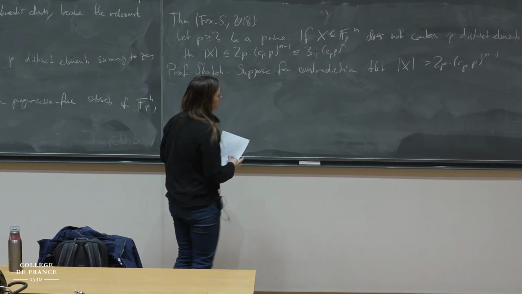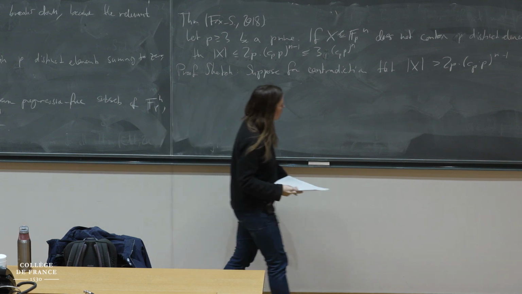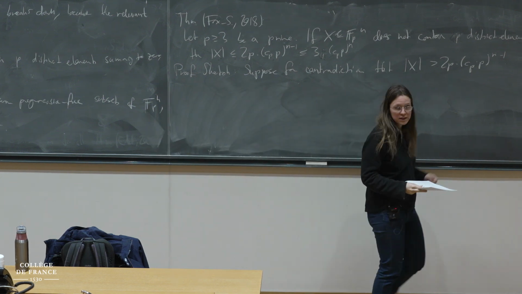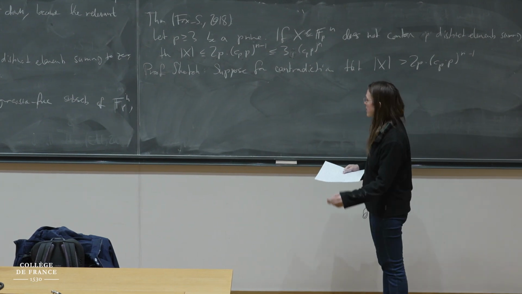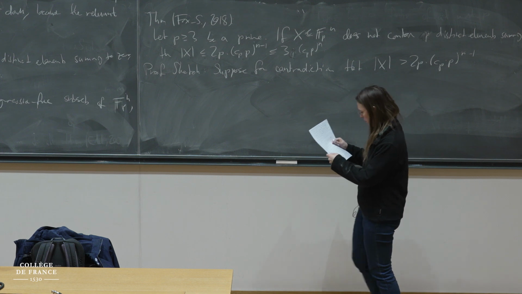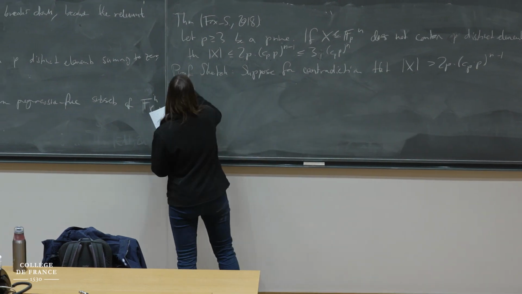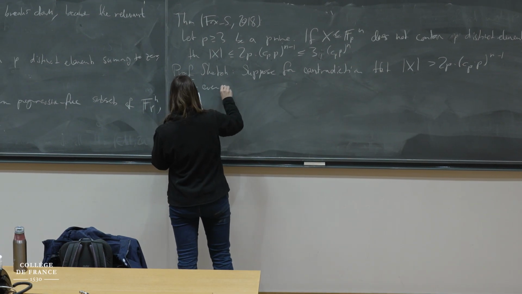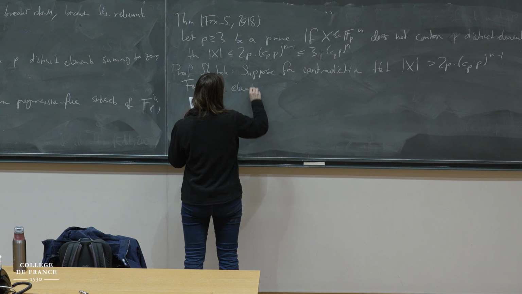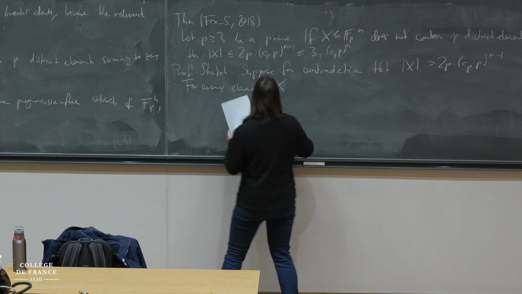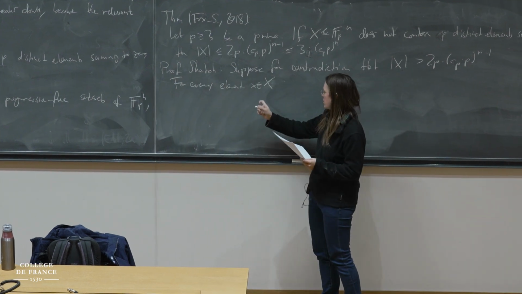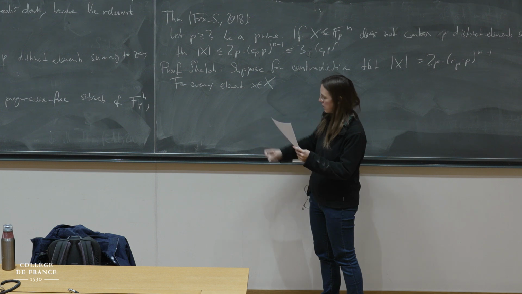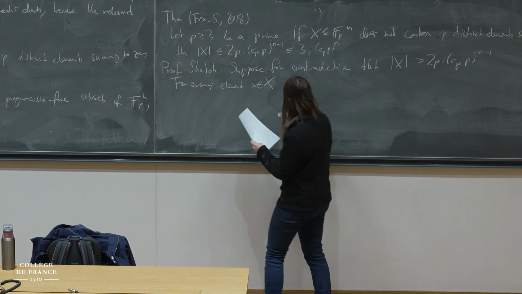So then let's do the following. For every element in X, let's count the number of three-term progressions where that element is the middle term. So for every element x in X, we count the number of three-term progressions in the set X which have this particular small x as their middle term.